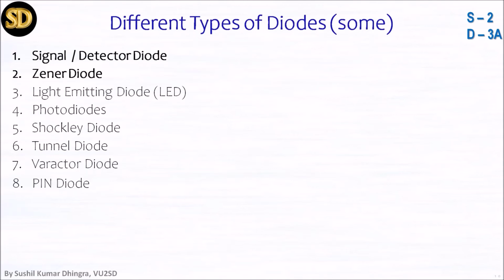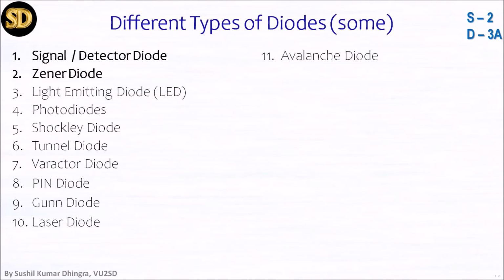Of course, P is there, N is there, and a pure intrinsic semiconductor is also there. It is also used in special applications. Gunn diode and laser diode also give infrared light like an LED, but LED light is visible and infrared is not visible. Laser gives sharp light.